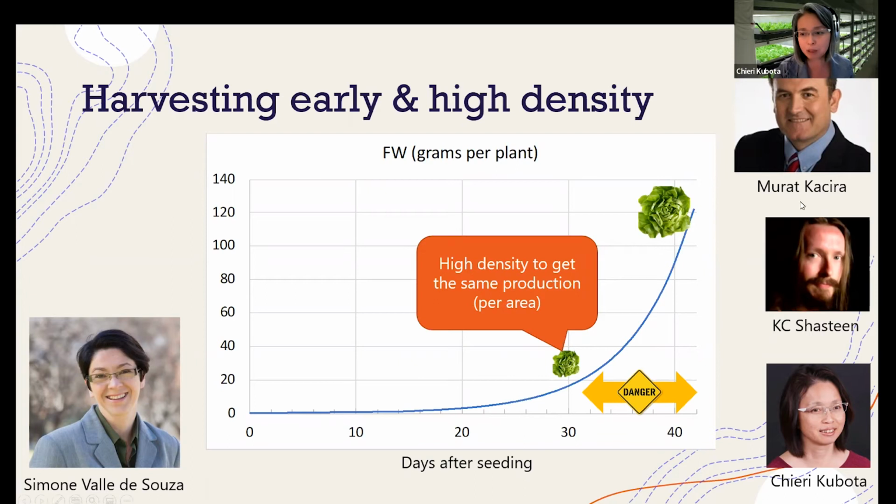The members are Murat Kacira, who is the engineer, and his student, Casey, and then myself, and the economist, Simone Barre Souza, at Michigan State, working together to look at this. I hope we have an opportunity to share the findings. It's a really cool, meaningful study, I would say.